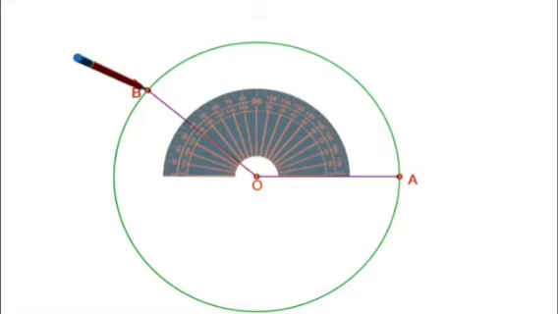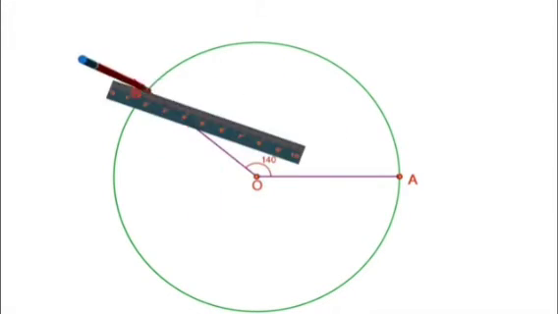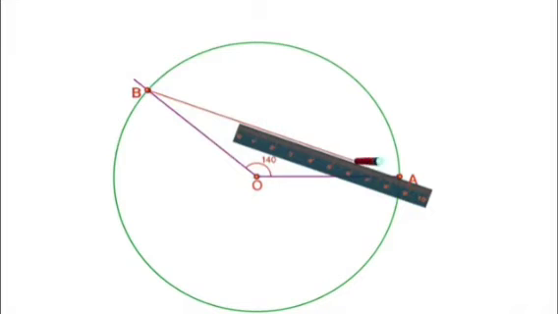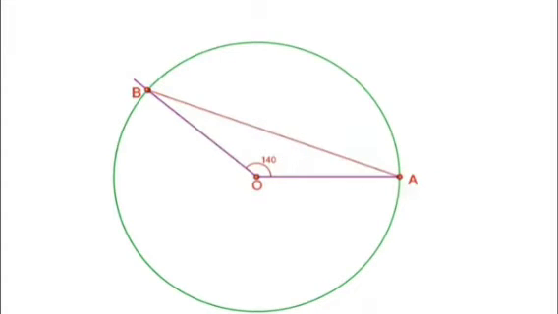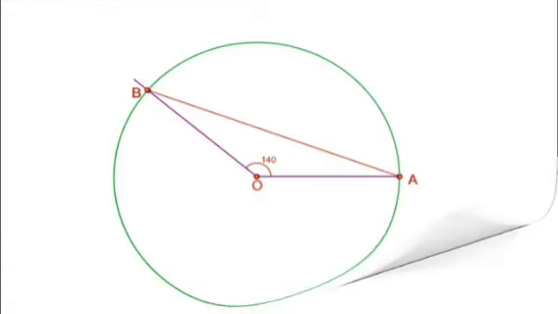Join A and B to get the chord AB. Since angle AOB is 140 degree, all angles on the large arc AB is 70 degree and therefore all angles on the small arc AB is 110 degree.